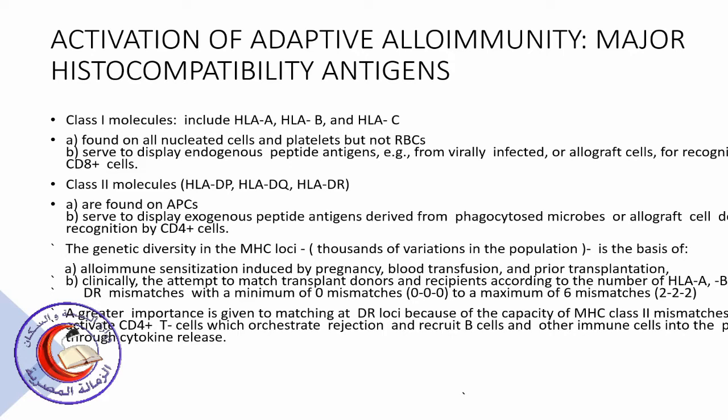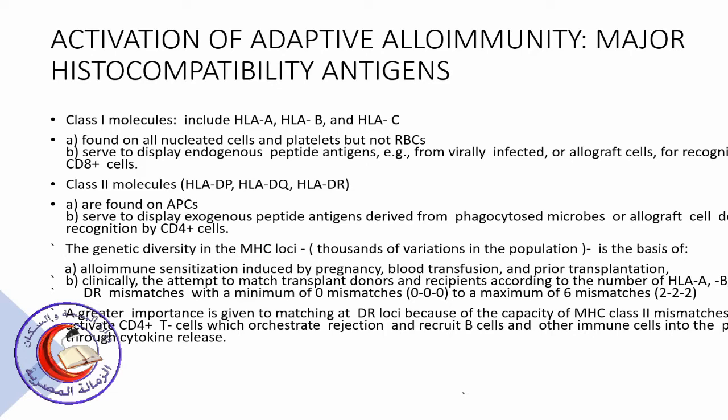Class 2 molecules also have 3 groups, HLA DP, DQ, and DR. They are found only on antigen-presenting cells. They serve to display exogenous peptide antigens derived from phagocytosed microbes or allograft cell debris that are phagocytosed by the antigen-presenting cells, which also have phagocytic function.